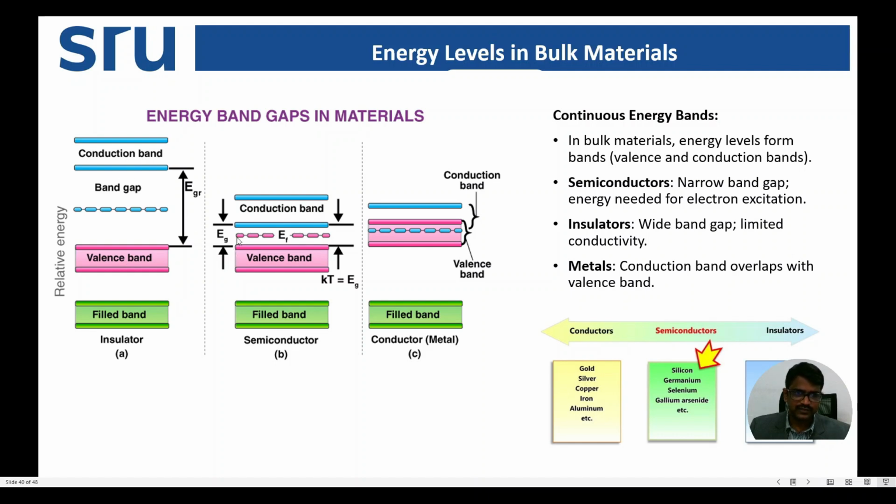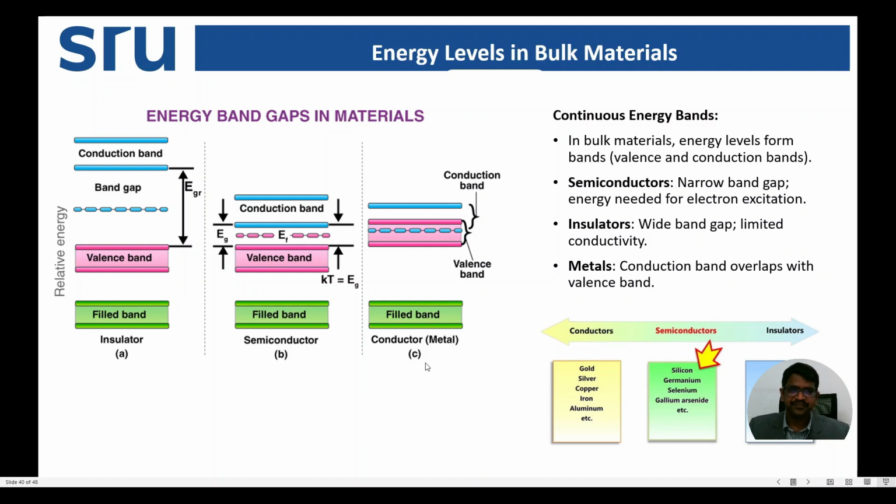Similarly, you can see the conduction band in insulators, conduction band in semiconductors, and conduction band in conductors. As we said earlier, the band gap is nothing but the energy gap between valence band and conduction band. Here the band gap is very high in the case of insulators, moderate in semiconductors, and very less in conductors.